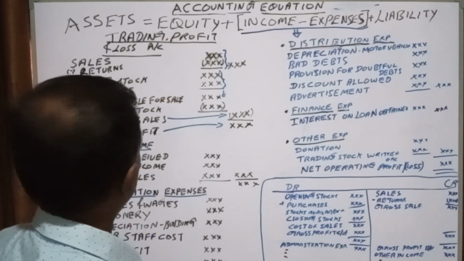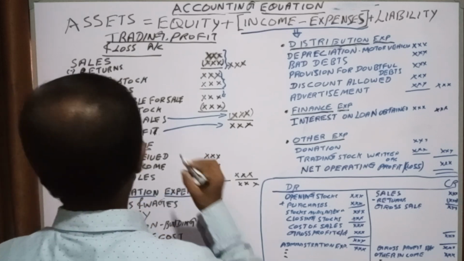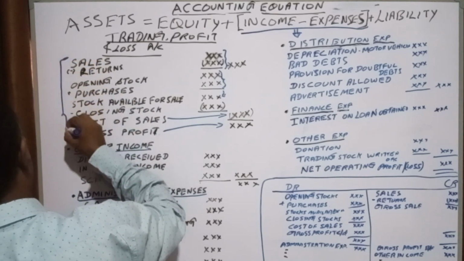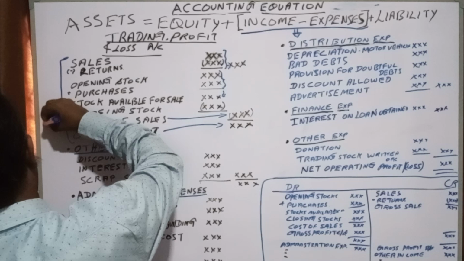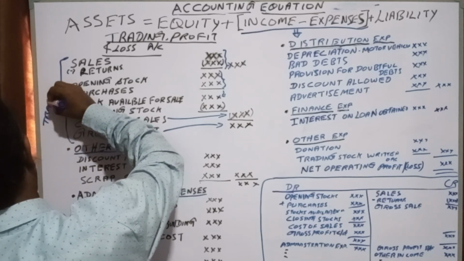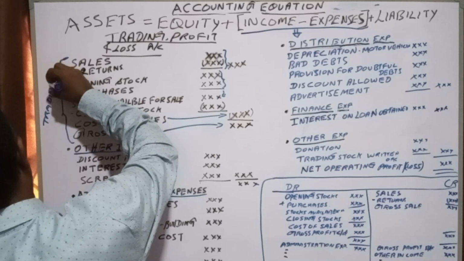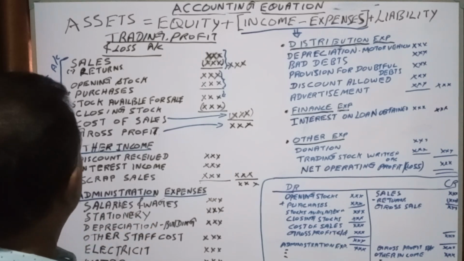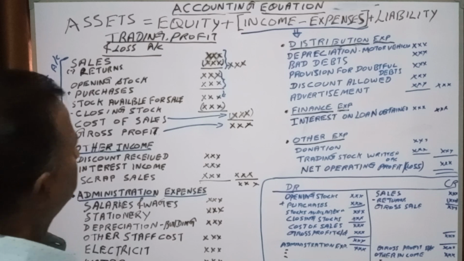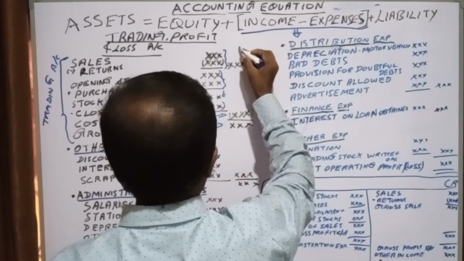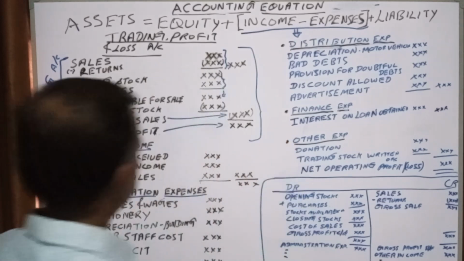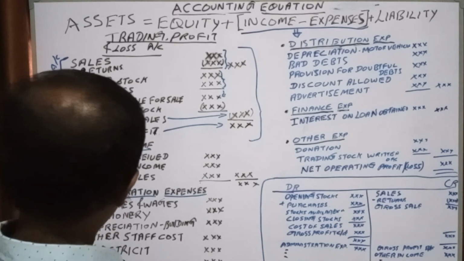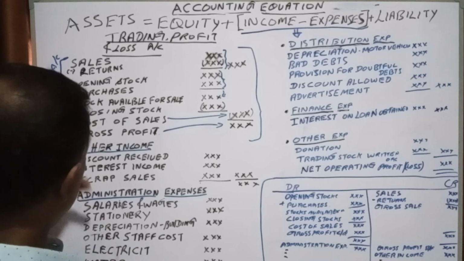Up to this, it is the trading account. This section is the trading account. Here onwards, it is the profit and loss account.